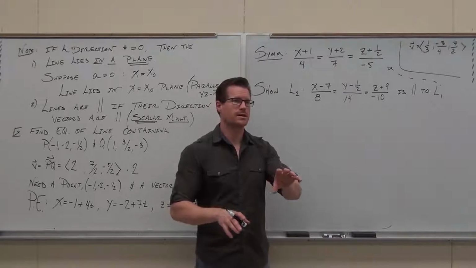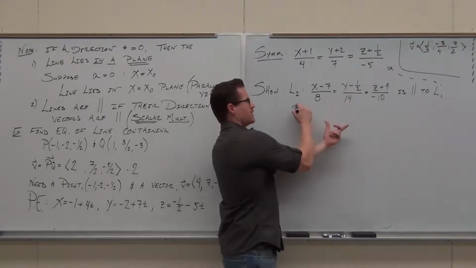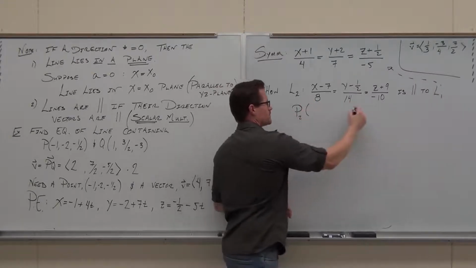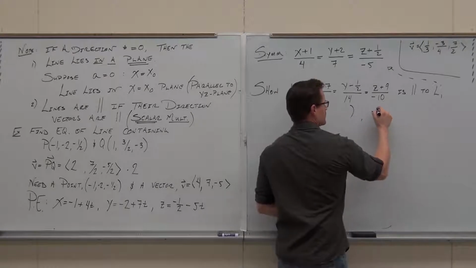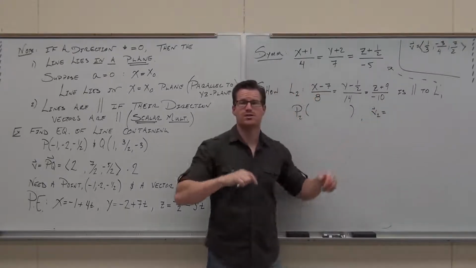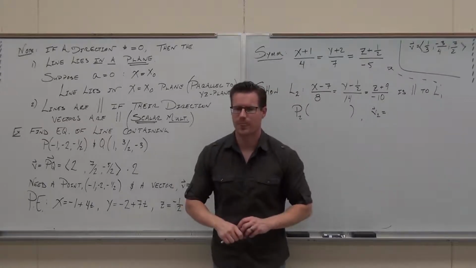What I want in 10 seconds is, from this line, I want you to find me a point on that line. And I want you to find me the direction vector from that line. Can you do it? Go for it.